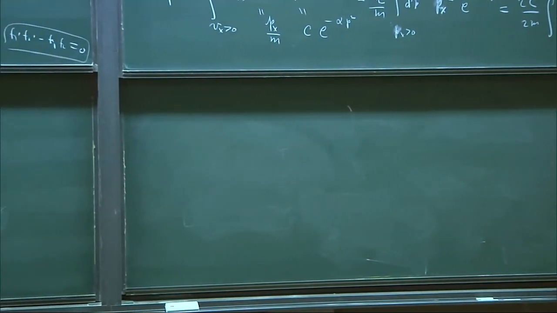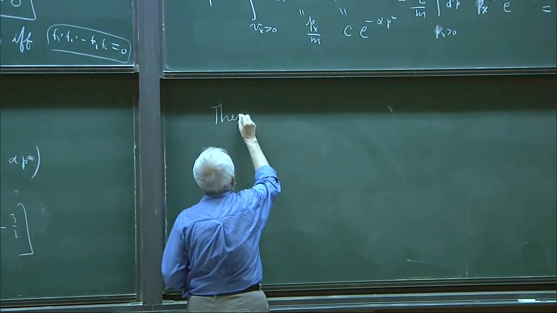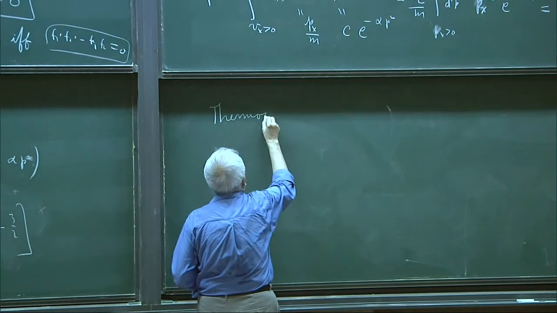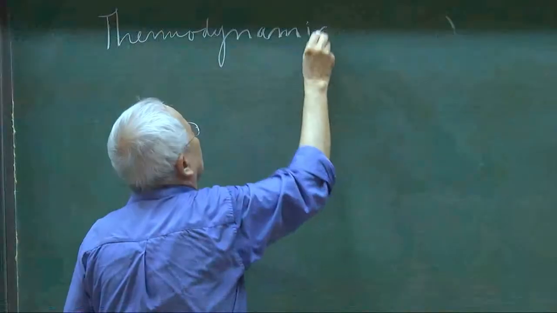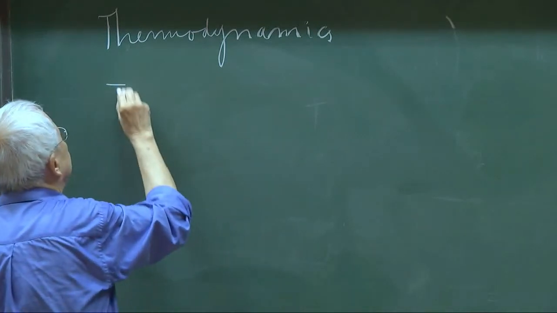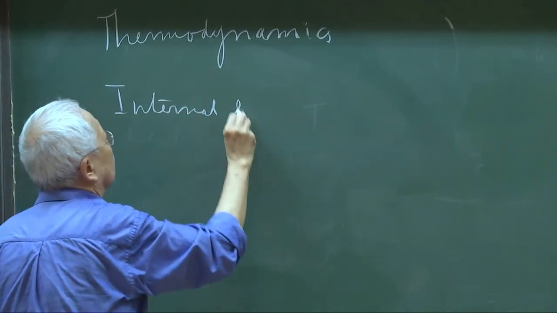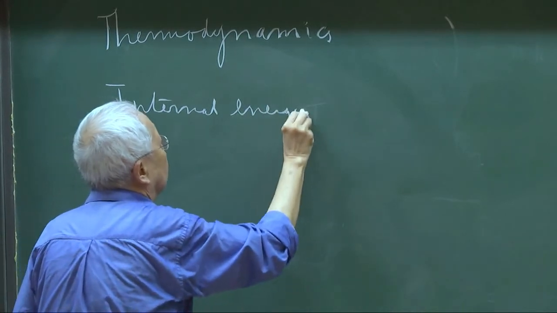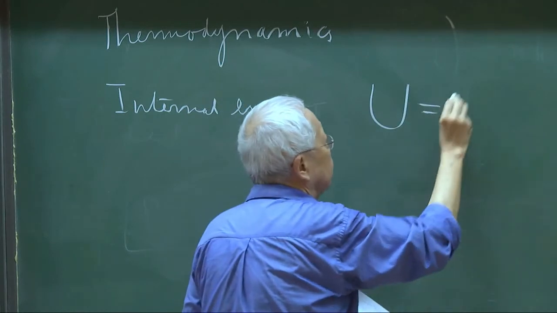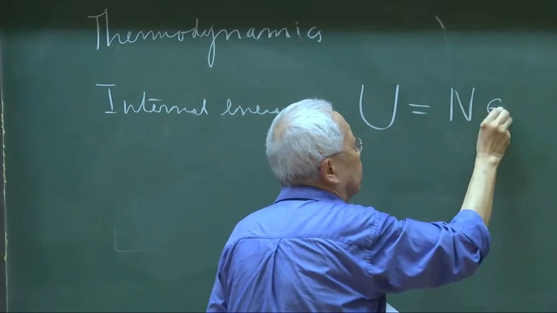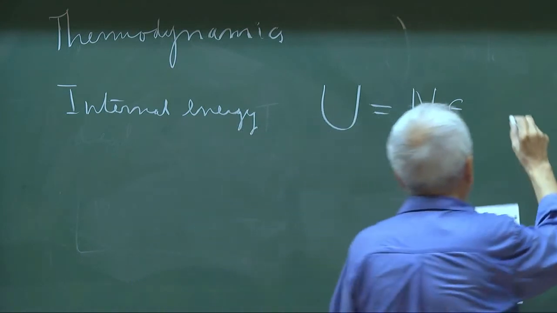So let us define the internal energy. Now this is thermodynamics. The internal energy of the system U is just equal to the number of particles times the energy per particle.